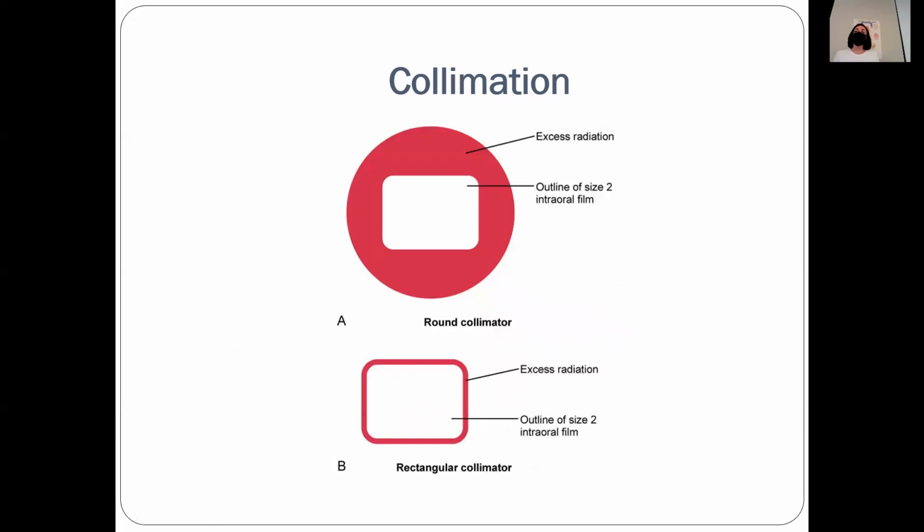So you can see here the difference of the excess radiation. All of this is limited. The patient receives about 50% less radiation with a rectangular BID, or with collimation in general, about 50 to 60% less radiation.